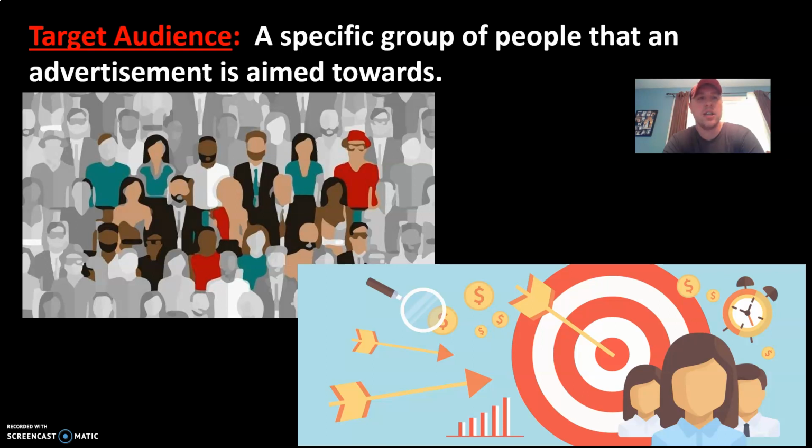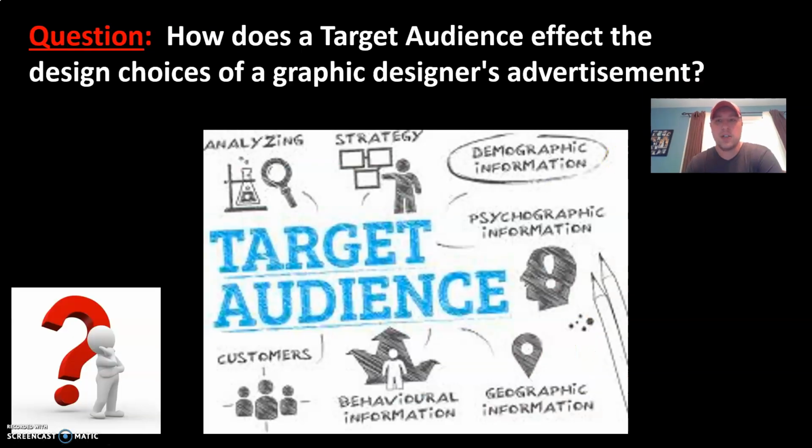So you want to think of your target audience. That's a specific group of people that an advertisement is aimed towards. So if I'm focusing on selling to these people here, I want to make sure I understand what their likes and dislikes are, what kind of things they like to do at their age.